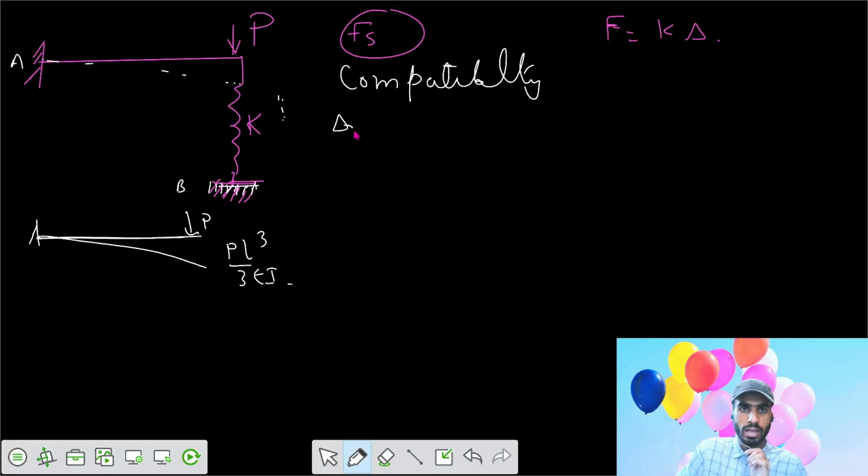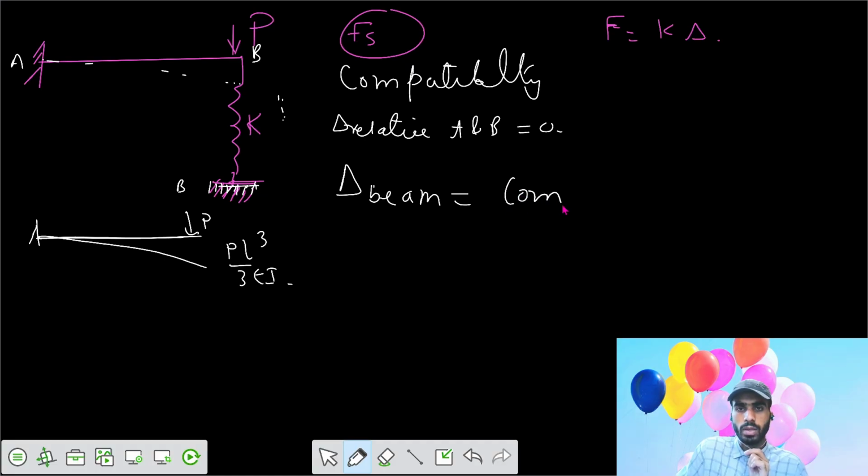That means the relative delta of A and B should be 0. There should be no relative displacement between A and B. So the deflection in beam AB equals the compression in the spring.